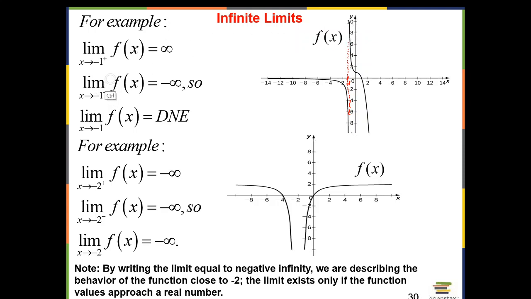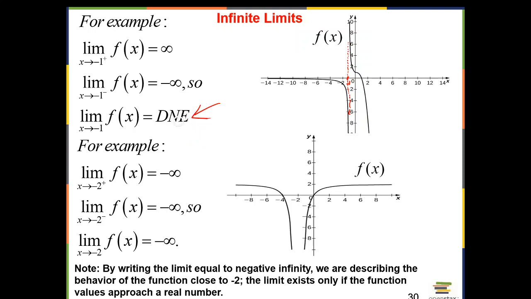And when I go to -1 from the left, it goes to negative infinity. So what do we say about this limit? What's the limit of f of x when x approaches -1? Well, since the left and the right limit are not the same infinity, we say that the limit does not exist.